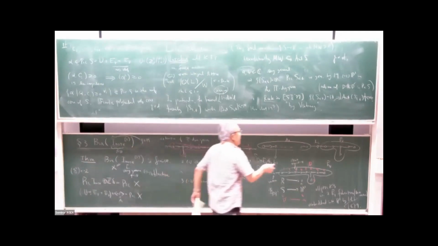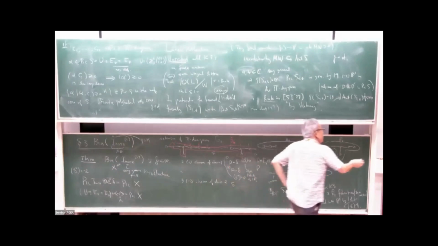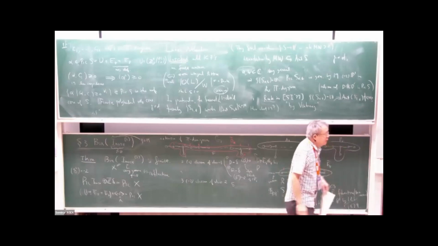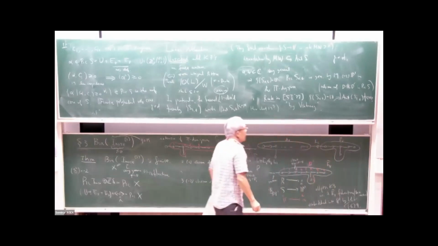And where is delta? Delta is almost disjoint to all the classes. But if this one has delta, this one has delta, so delta itself is here. And the intersection number is 2, so I draw 2 lines.